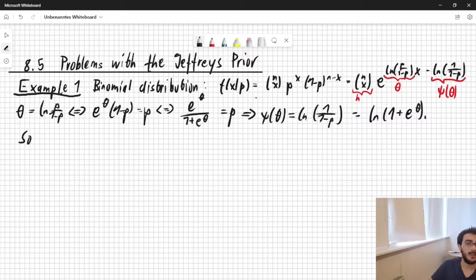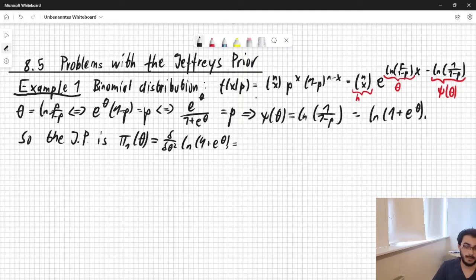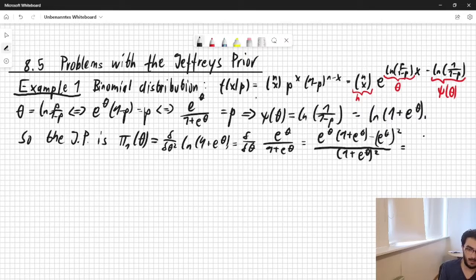So the Jeffrey prior for theta is the second derivative of this, which is admittedly ugly looking. First of all, it's the first derivative of this, and then when you calculate this out, but actually I've forgotten the square root again.